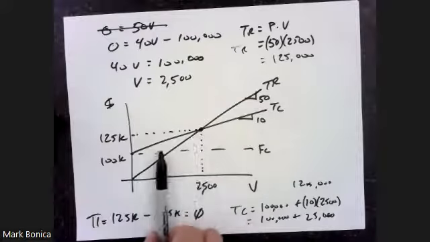Anything less than 2,500 puts us into the zone of loss, where the total cost curve is above the total revenue curve. Anything to the right of 2,500 puts us where the total revenue curve is above the total cost curve for any volume.